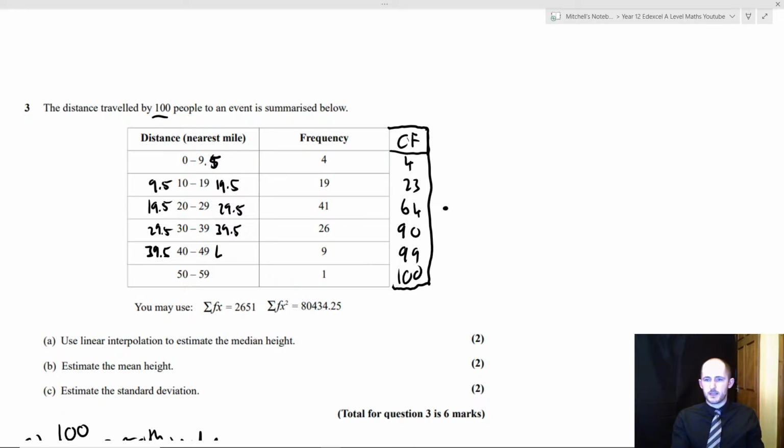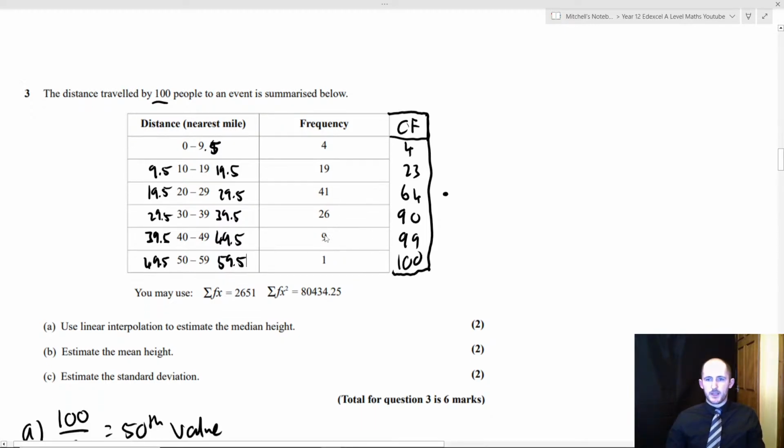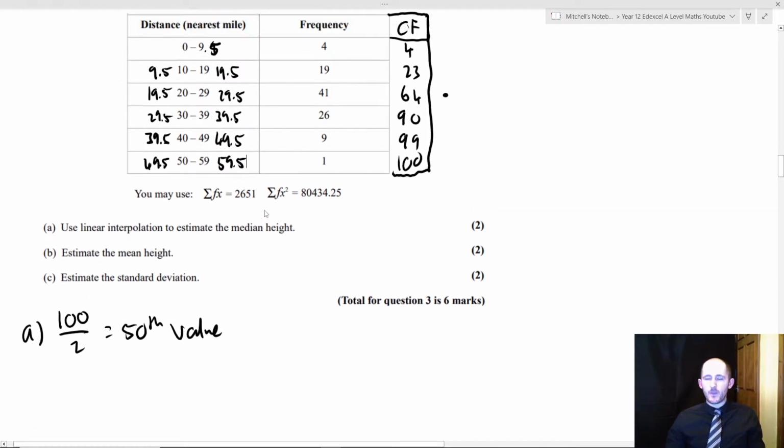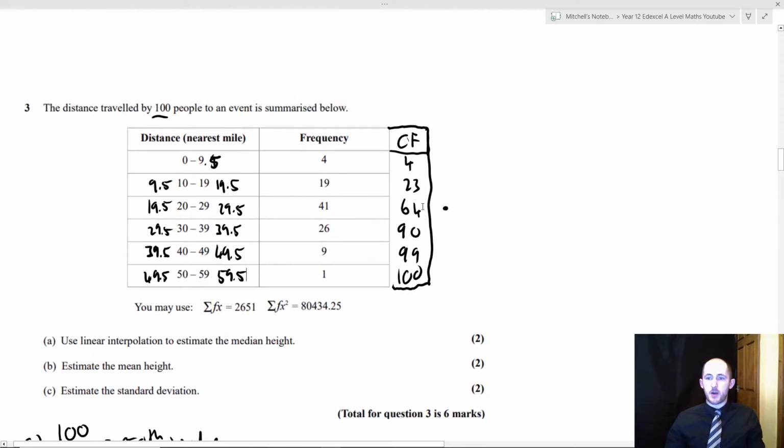Class widths. Technically you don't need to do this one, but I'm going to because it'll make our life a bit easier later on. Now you might see why I spotted this. Because again, the 50th value is in this class. The first part of the linear interpolation formula is taking the lower class boundary.